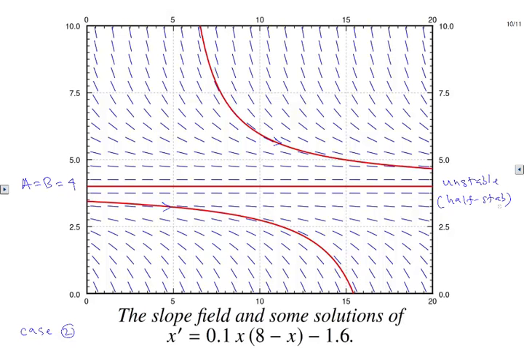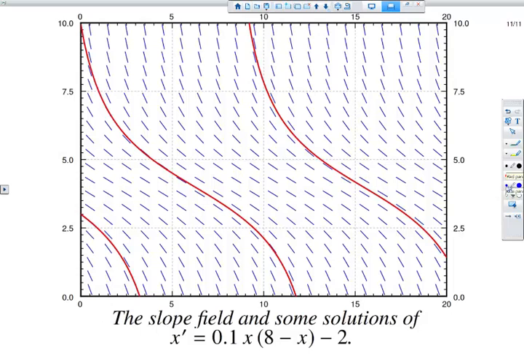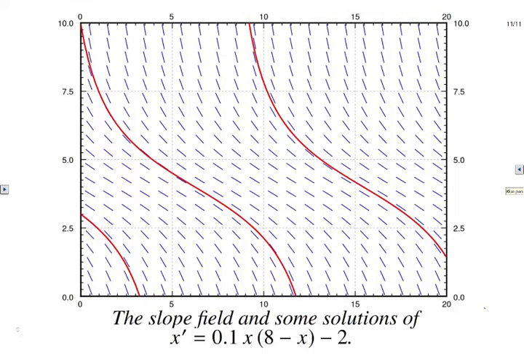So let's look at the last situation. This is case number 3. In this case, you can see that there are no critical points. When you try to solve it, you're going to get complex numbers, so that means there are no real solutions. What's going to happen?